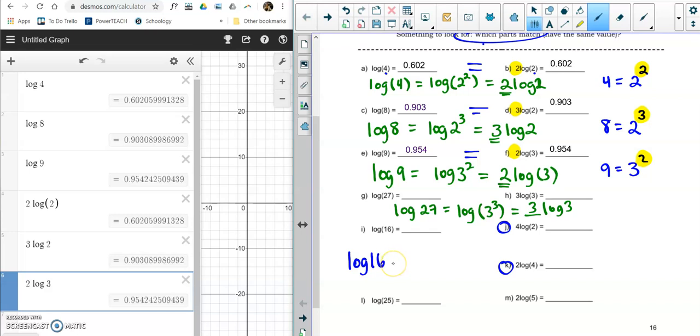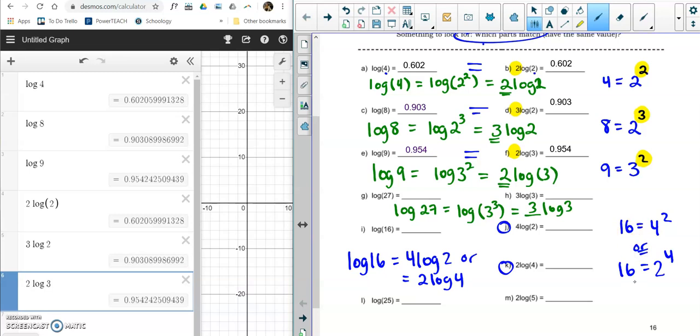Well, 16 is 4 squared. 16 is also 2 to the 4th. So the log of 16 could be equal to 4 log 2, or it could be equal to 2 log 4, because you can write the number 16 with 2 different powers.